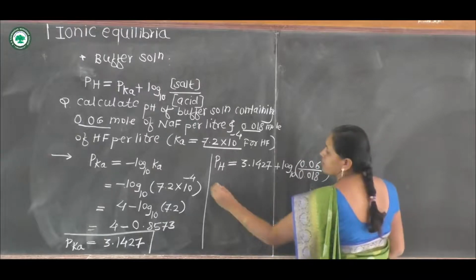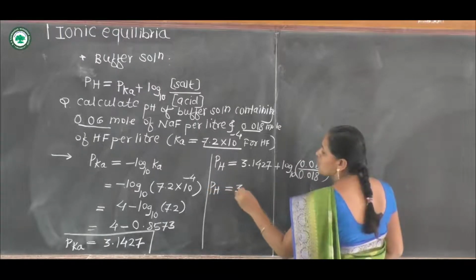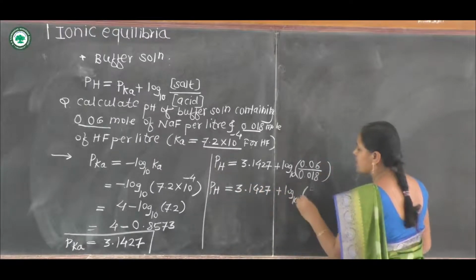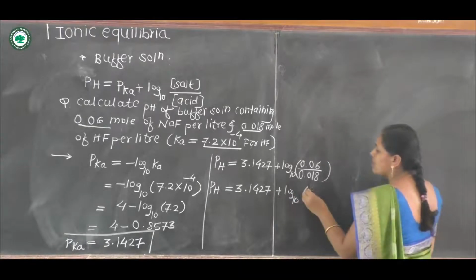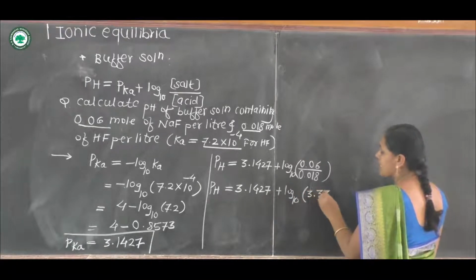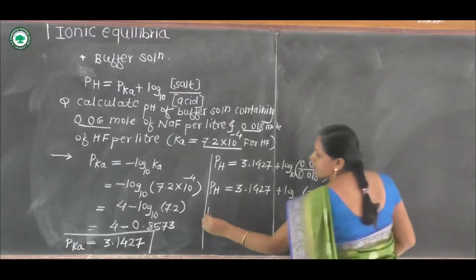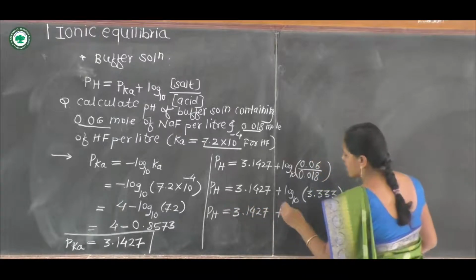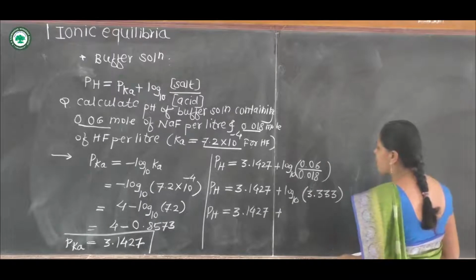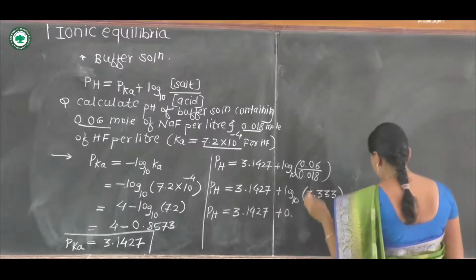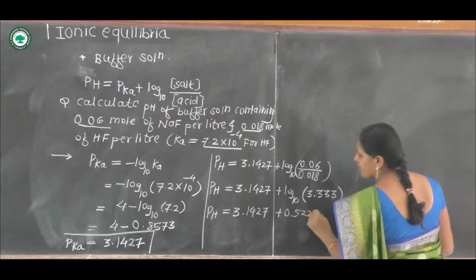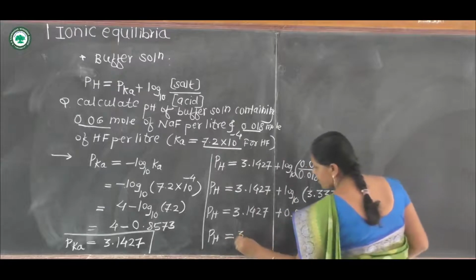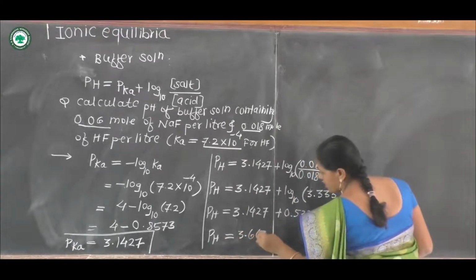By calculating, pH is equal to 3.1427 plus log of 3.33, which is equal to 0.5229, and by adding, pH is equal to 3.6656.